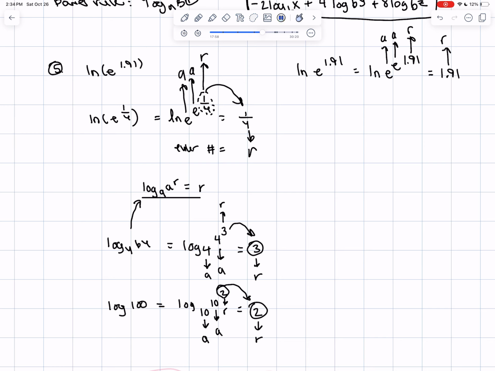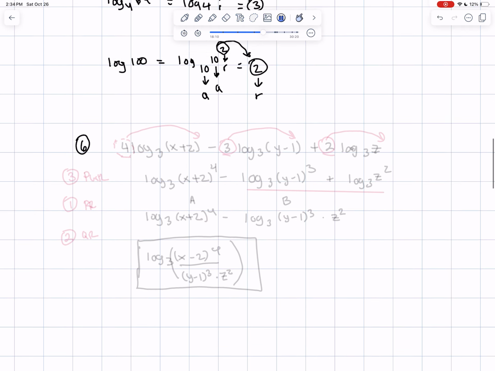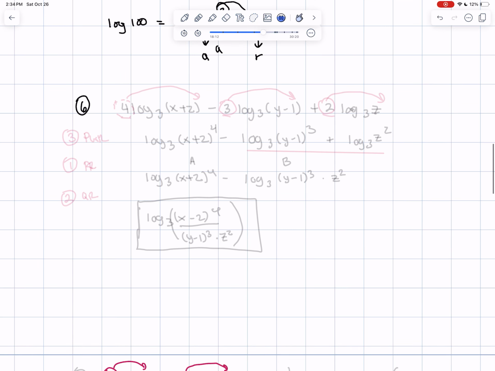Okay, so now I want to go back and use our product rule, quotient rule, and power rule again with a little bit more complex problems. So let's do that example. Let's do number 6, and let's do this problem.